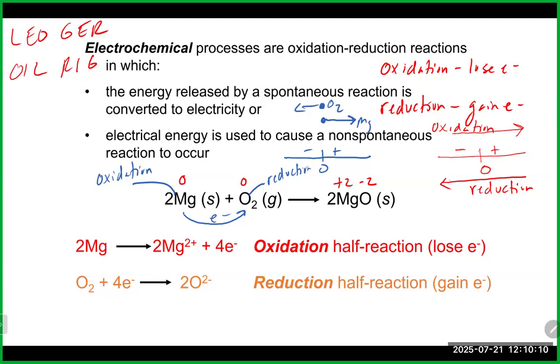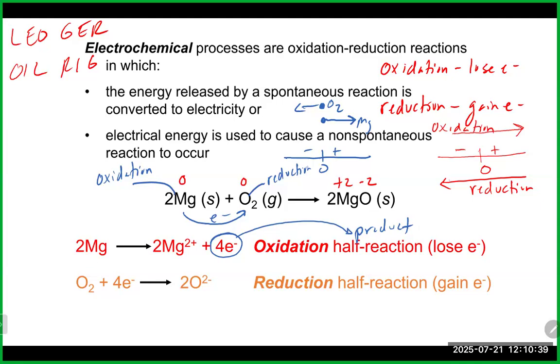We could write, as you probably are familiar with, half reactions when we look at redox reactions. Half reactions tell you half of the story that's going on. One half reaction is an oxidation half reaction. We know it's an oxidation half reaction because the electrons here are found on the product side of the arrow. The magnesium here is losing those electrons.